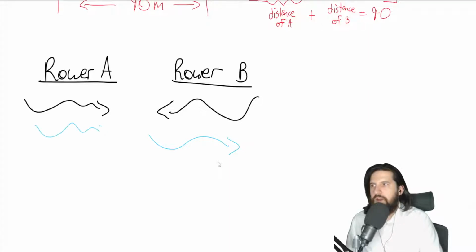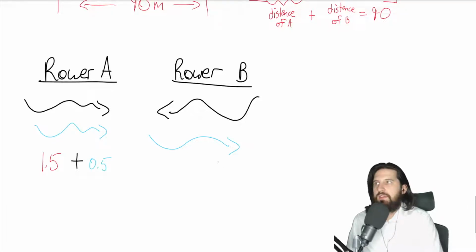So this is why it's 1.5 plus 0.5. And this is why this one is 3 minus 0.5.